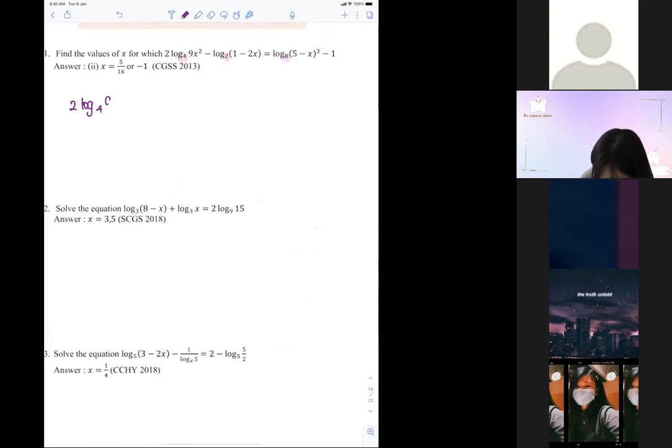Then 4 and 8, you want to change them to base 2. The number in front, if you don't know what to do, you just put outside and then open a new bracket.